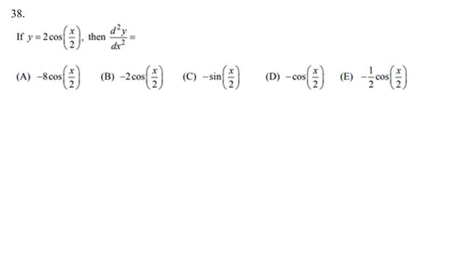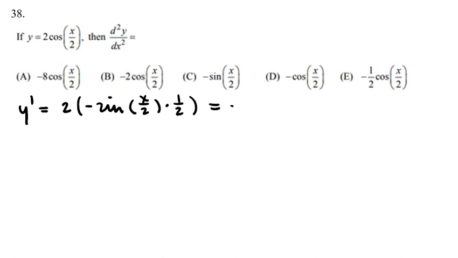So the first derivative is going to be 2 times the derivative of cosine of x over 2, which is going to be negative sine of, leave the inside the same, x divided by 2, except then I'm going to multiply by a half, because the derivative of x divided by 2 is 1/2. And so then I could simplify this. I could call this negative sine of x divided by 2.